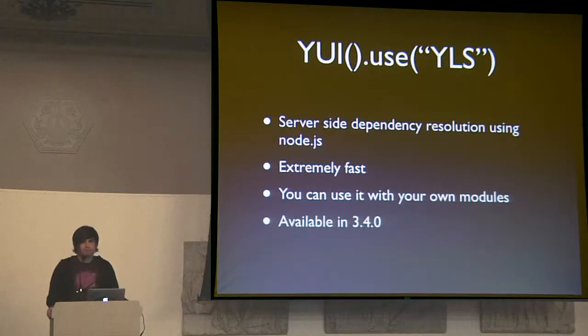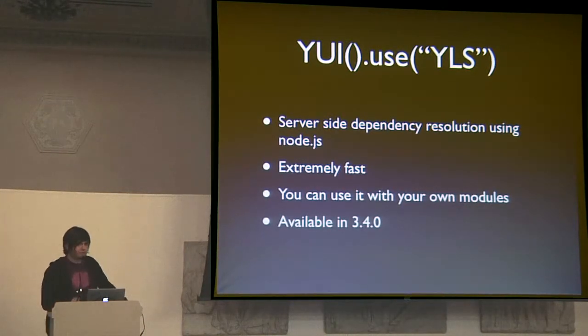Because we're gonna be introducing YLS soon. YLS is something that we're very excited about, which is we're taking the loader back from the client to the server. So basically all the dependency calculation is gonna happen now on the server, which means it's gonna be way faster.